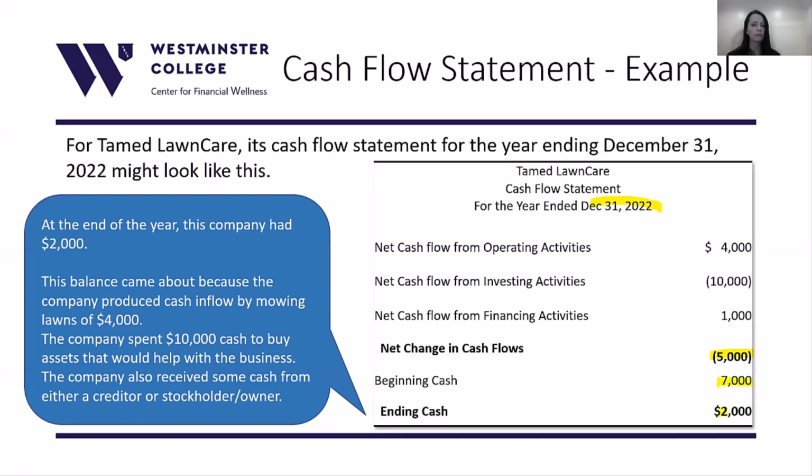We ended up with 2. Well, that would mean that we used up 5,000. So that's what this is telling us. We went down by 5. The main part of the cash flow is explaining how we decreased in this year by the 5,000. So that is the perspective of the cash flow and what it does for us.